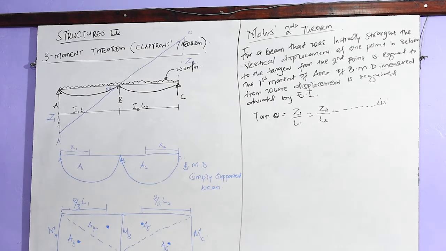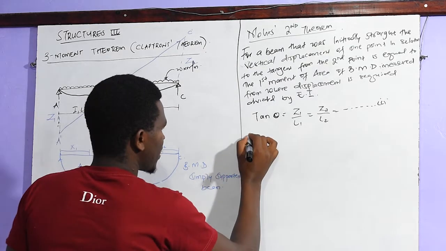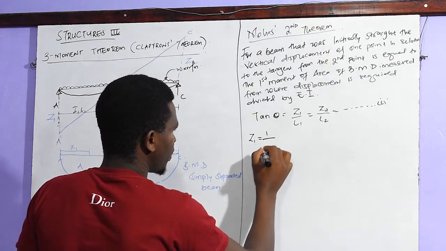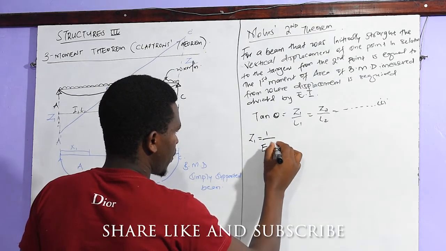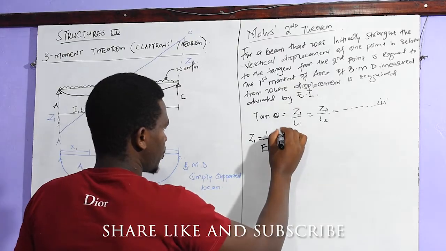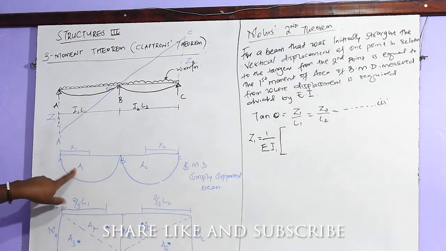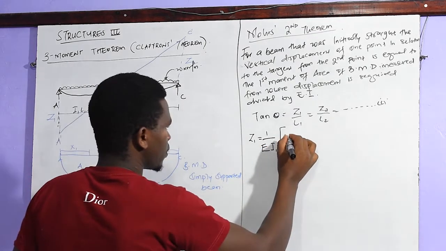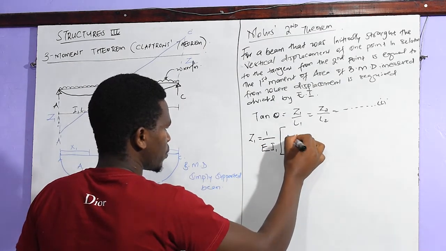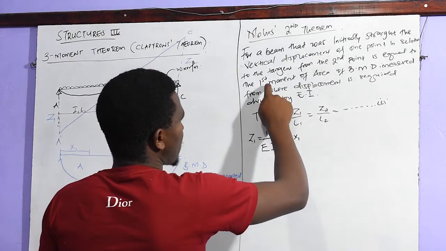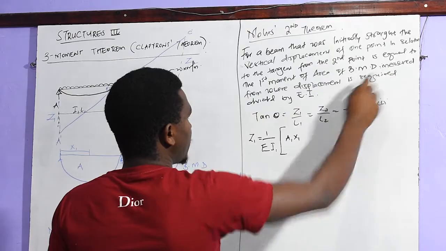Following Mohr's second theorem, we get that Z1 equals 1 over EI1, open the bracket, area 1 multiplied by x1. Remember, we have said that this is equal to the first moment of area of the BMD.